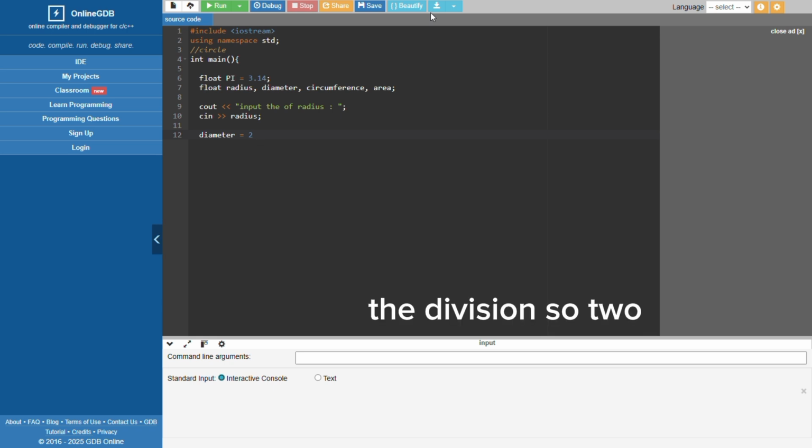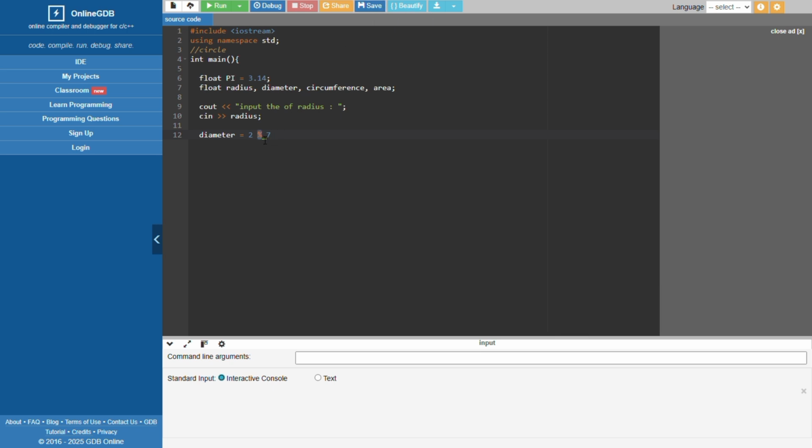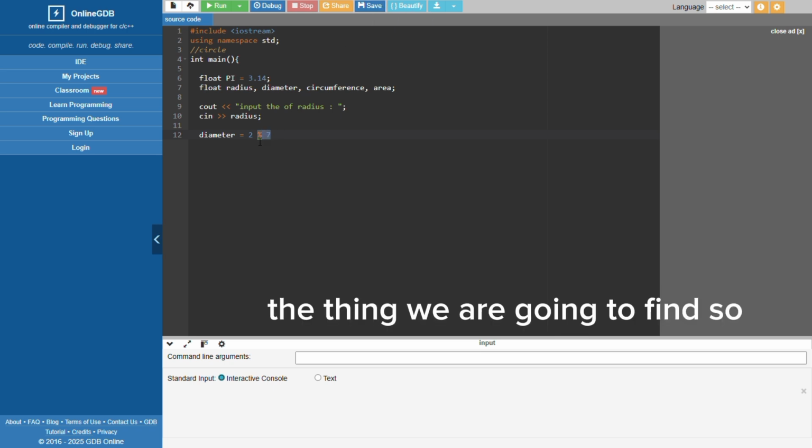So, for example, 7 modulus 3 is 1. So the remainder 1 is the result, which is the thing the modulus finds.